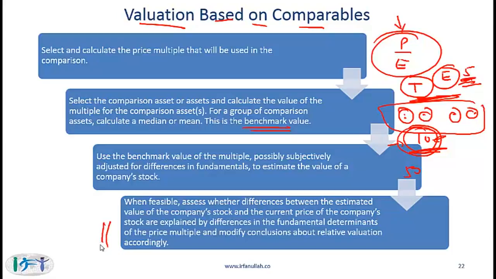The law of one price says that if all else is equal, then two items should have the same price, but all else is not equal. In the context of valuation, it is the fundamentals that might vary from one company to another company. And one of the most important fundamentals is the growth rate. So that might explain a difference in valuation. Other fundamentals might include different capital structures. If one company is more heavily leveraged, then it is more risky, so it should then possibly have a different valuation multiple.